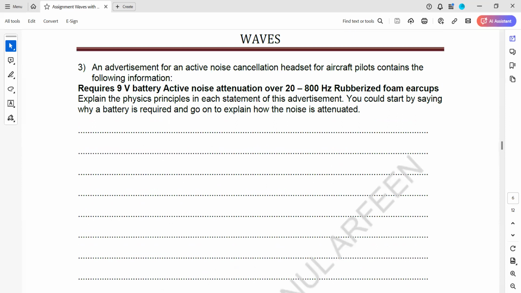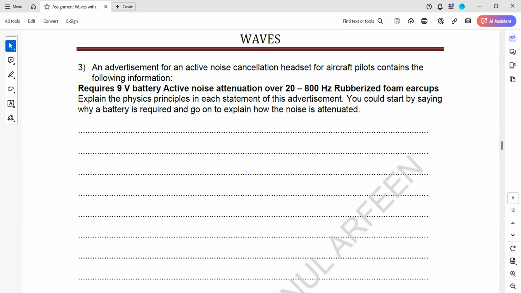So you have to explain the idea or the concept of the noise cancellation, including the overall working of noise cancellation headphones. First, what is the purpose of a 9-volt battery?